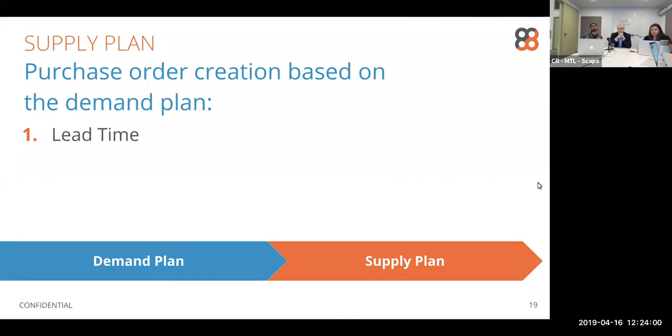And depending on the vendor and the item, it can say, for this X vendor and X item, it takes me 14 days from placing an order to receiving it in my warehouse. And that as well will help you generate a better demand and a better supply plan. Next, safety stock levels.